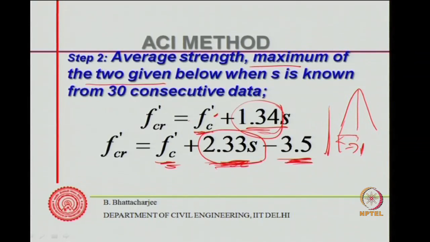So, that you choose, or you choose from the table that is given simply in terms of Fc dash plus some value. So, that is how you choose your average strength, and then go to the table and find out the water cement ratio.